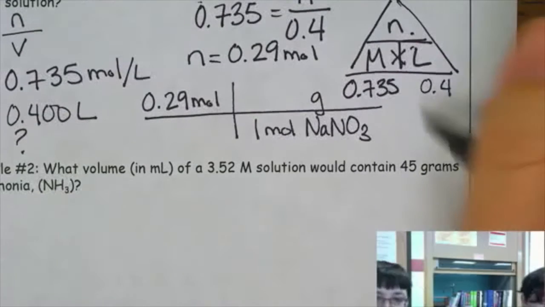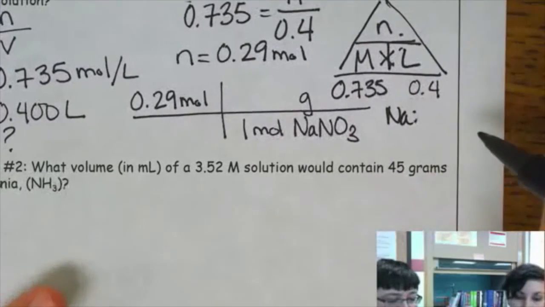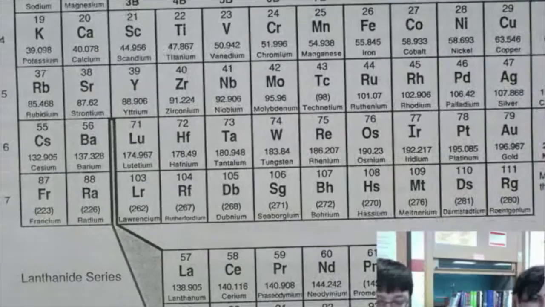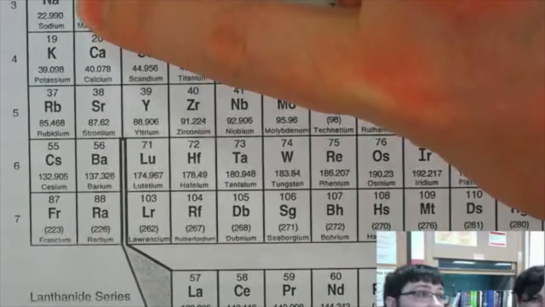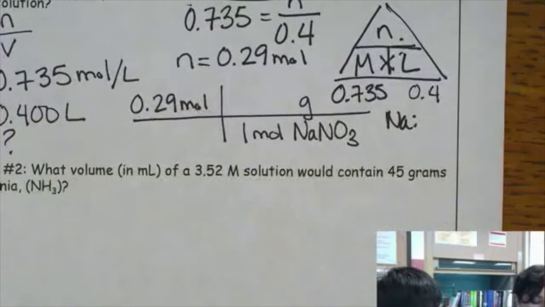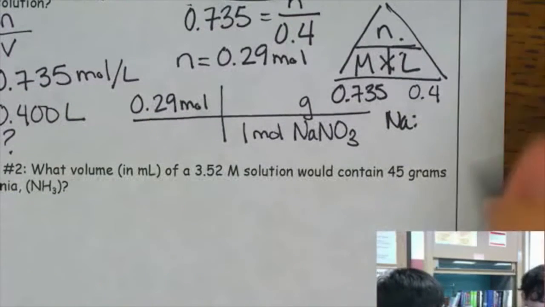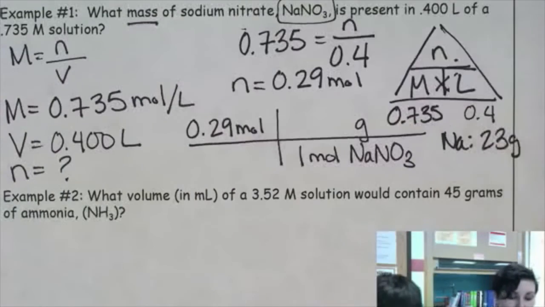So Na, which we have right here. What's the mass of Na? Do you see it right there? I do. It's 22.99, so it's 23 grams. N is 14.